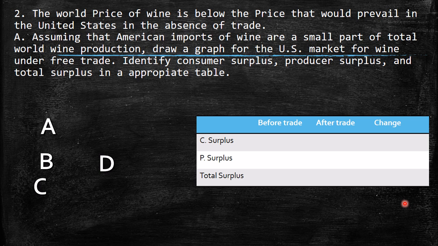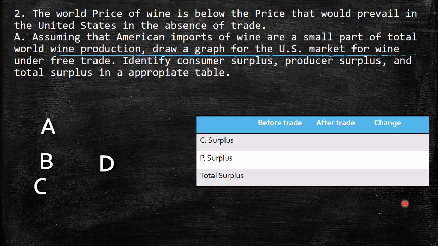So the world price is below, and in this case the country is going to be an importer because the price is lower than the original, before trade. Assuming that American imports of wine are a small part of total world wine production, it means they are price takers and are not going to affect the world price.